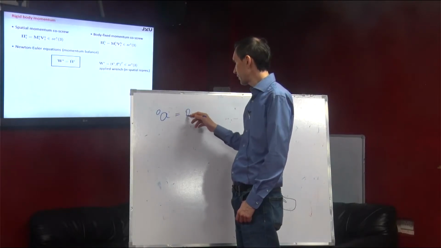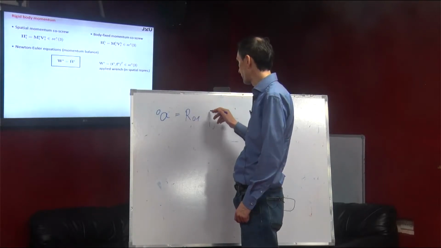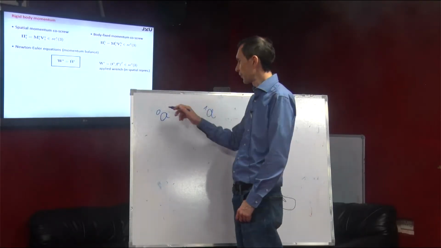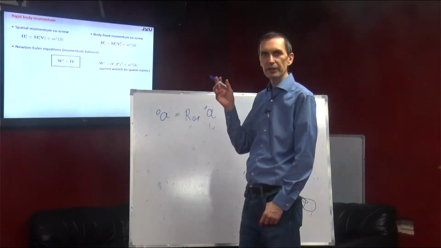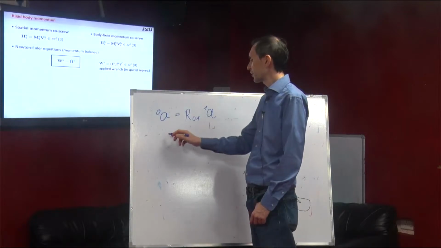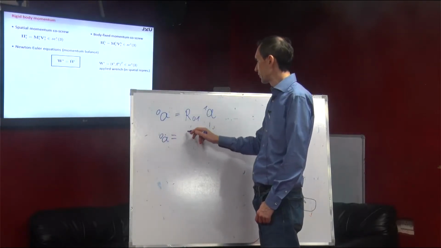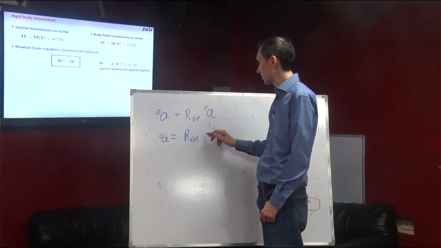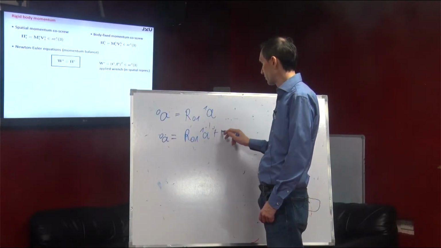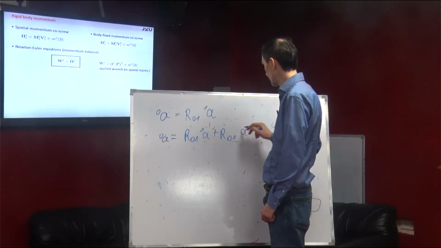So we have this R0. Let's say we have one frame that is 1 and the other one is 0. So this is the inertial frame and this is the moving frame. What can you say about A dot? A dot is equal to R01 A1 dot, plus R01 dot A1.